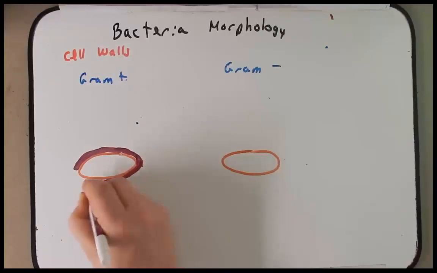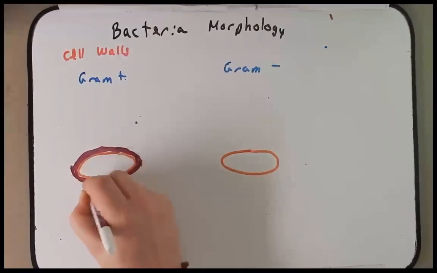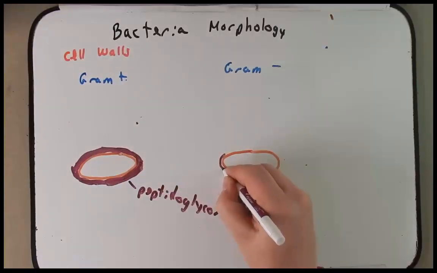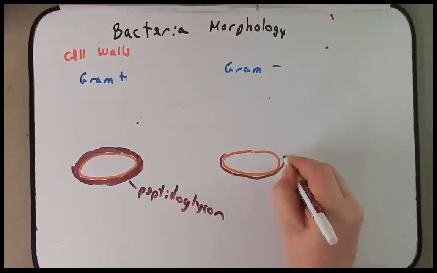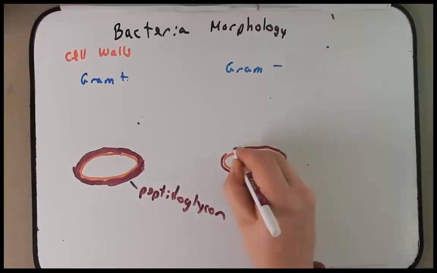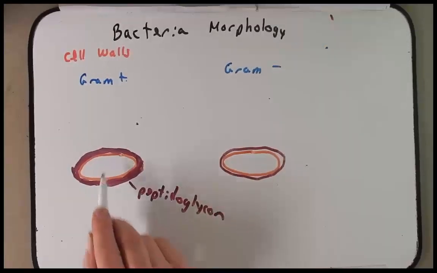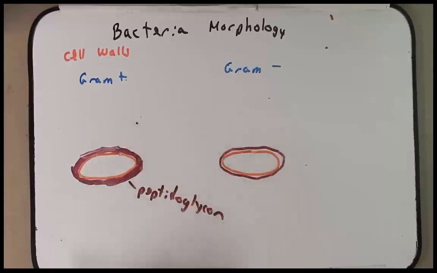And if you remember, that polysaccharide was called a peptidoglycan. Now gram-negative bacteria also have peptidoglycan polysaccharide layering the plasma membrane, but it's not quite as dense, not quite as thick as we see here with the gram-positive.